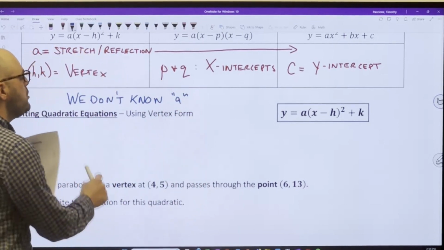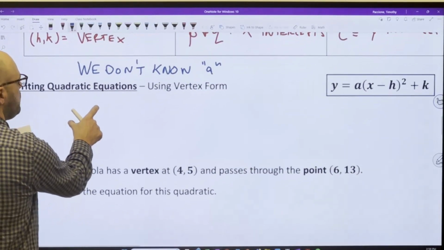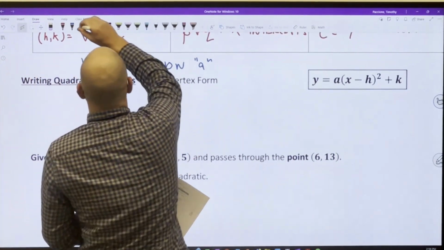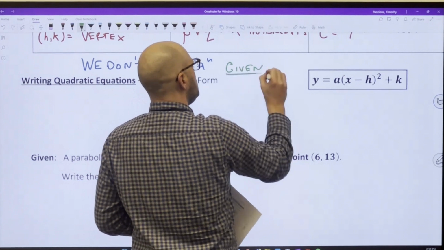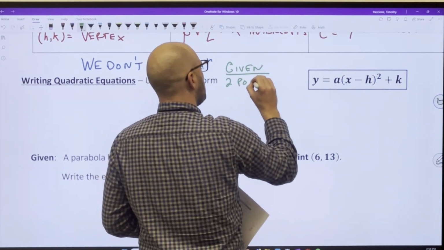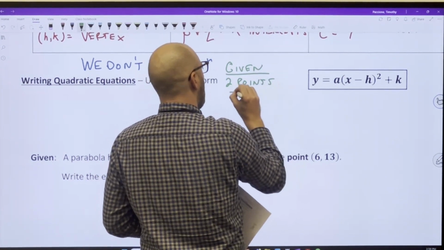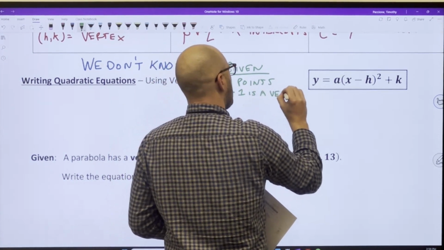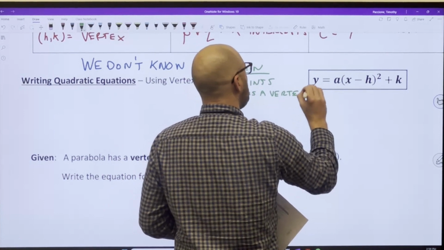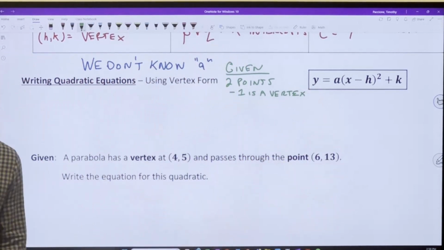Okay? Now, you're going to use vertex form when you're given 2 points and 1 is a vertex. So if I give you 2 points and I tell you one's a vertex, you're using vertex form to find your A. Okay?